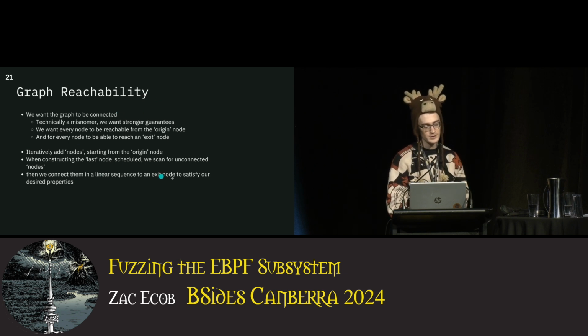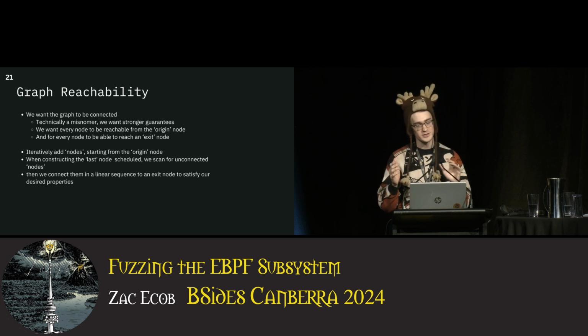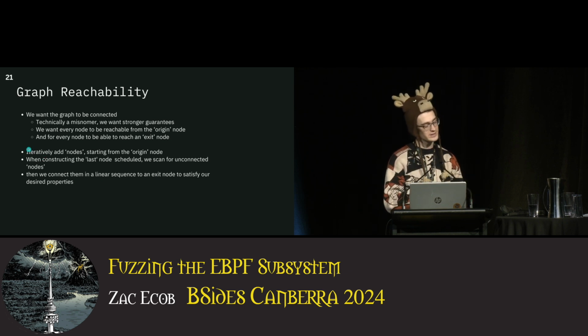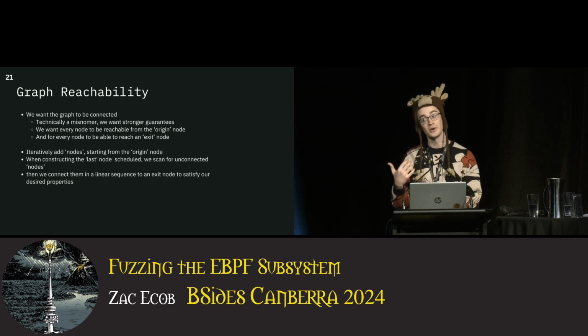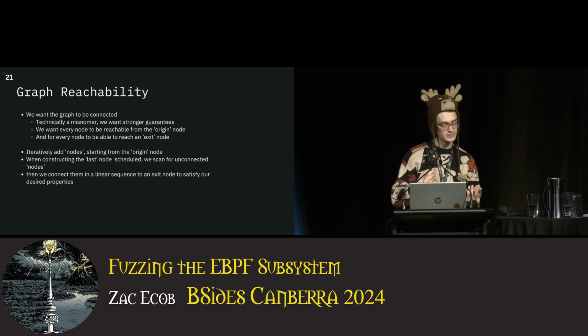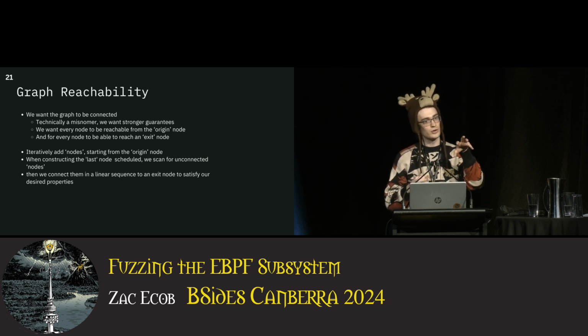The way I did this, the actual algorithm is messy for a number of reasons, part of which is me not being smarter, but we iteratively add nodes, starting from the first node, which we always know we want to construct. And when we see that we have the last node that we know we're constructing, we do a scan of the program for any unconnected nodes. Because of how the algorithm works, we know that the node we're currently operating on is connected.